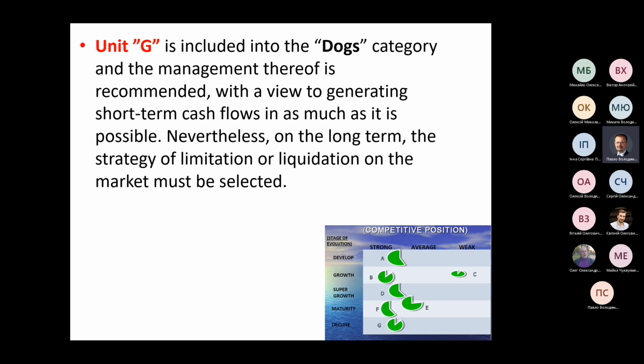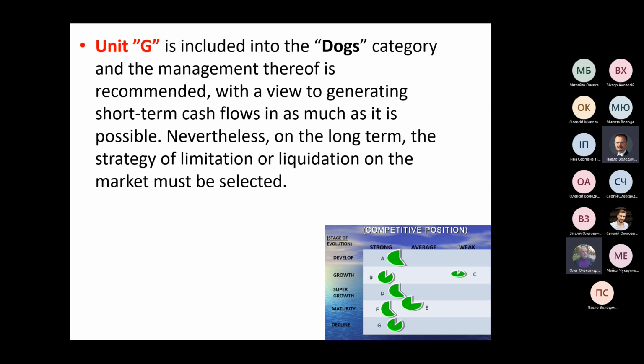And speaking about G, it is like a dog in the lexics of BCG Matrix, and we have to think whether to sell this strategical business unit and use the proceeds for supporting units A, B, and maybe D, if there is still a need to invest in these strategical business units.